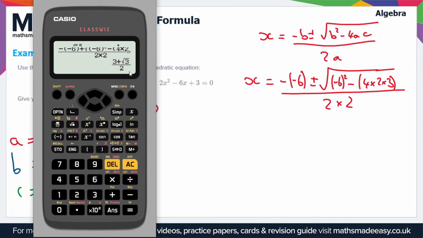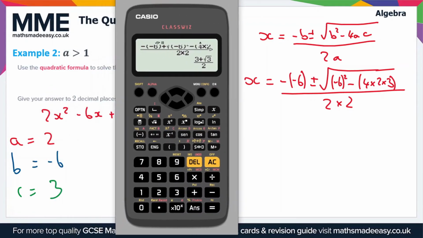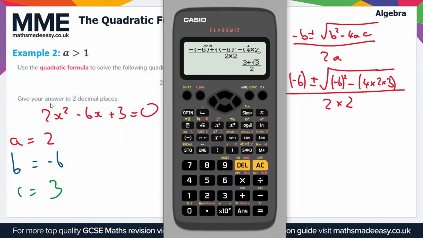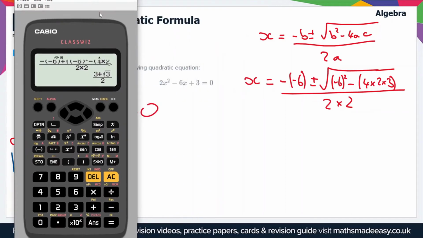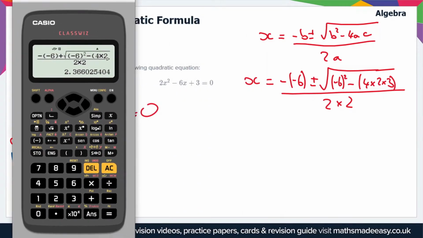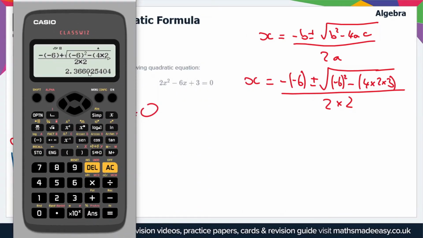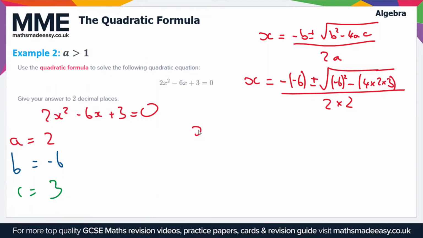So this gives us 3 plus root 3 over 2, but the question says give your answer to 2 decimal places, so we need to press this button here to get this into decimal form. So we've got 3.660 or to 2 decimal places. The first solution is 2.37. So x equals 2.37. So that's our first solution.